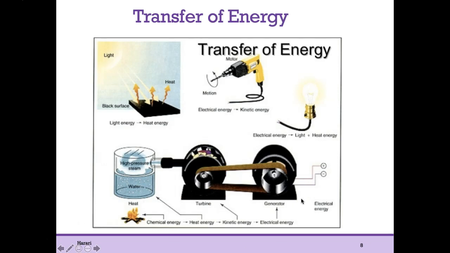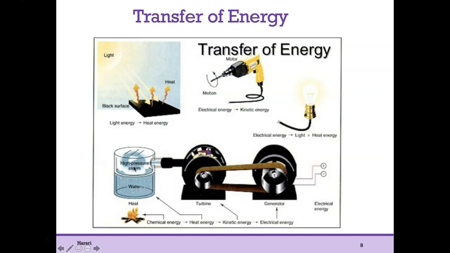Let's just use this bottom one over here. So if I want to get electrical energy so I can power my computer, one way I can do it is I could use wood, which has potential energy in the form of chemical energy, and then I could light the wood to produce heat. Heat is a form of kinetic energy. I could then use the heat to heat up water to produce steam.